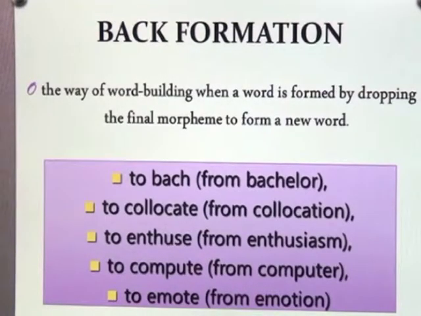Back formation: the way of word building when a word is formed by dropping the final morpheme to form a new word. For example, to collocate from collocation, to emote from emotion. And here you can see that the final morpheme is dropped.